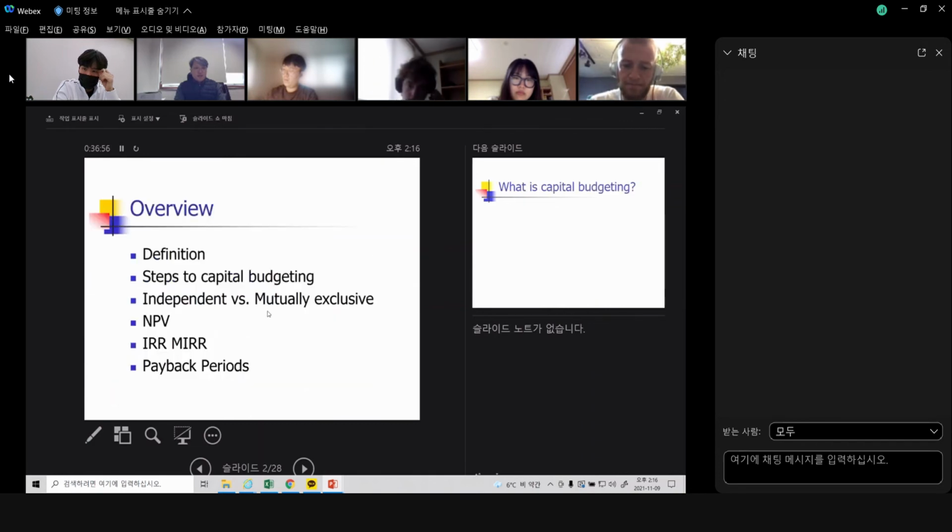So let's take a look at the definition of capital budgeting first on page number 438. As far as I remember, I explained the basic knowledge of capital budgeting in the first class when I explained the syllabus, right?